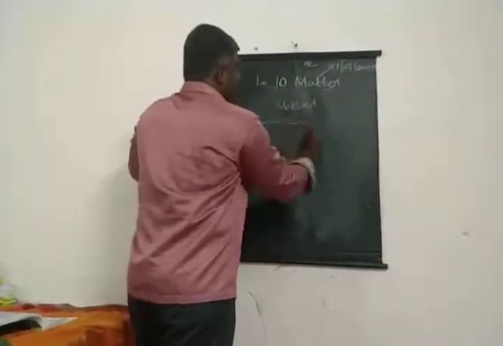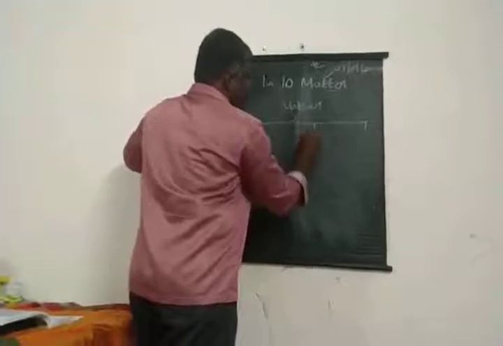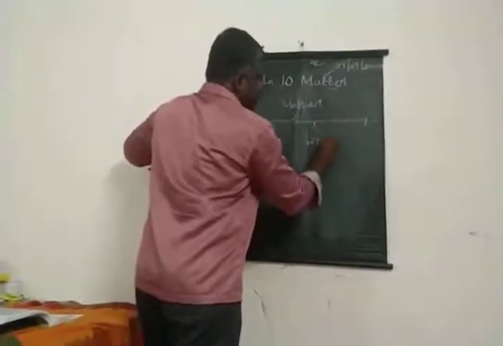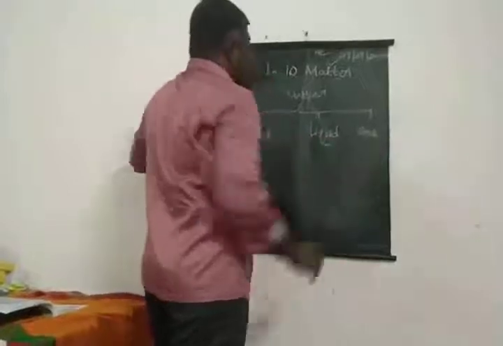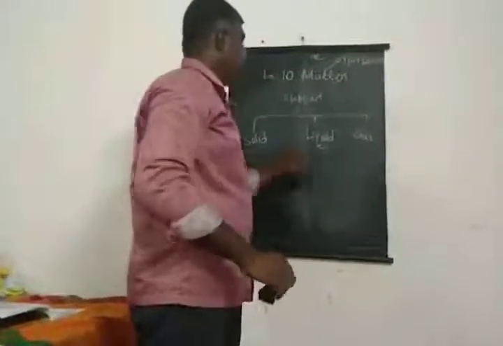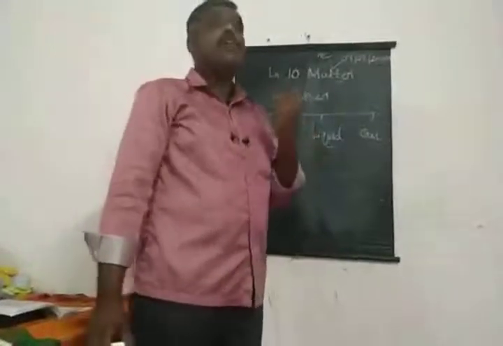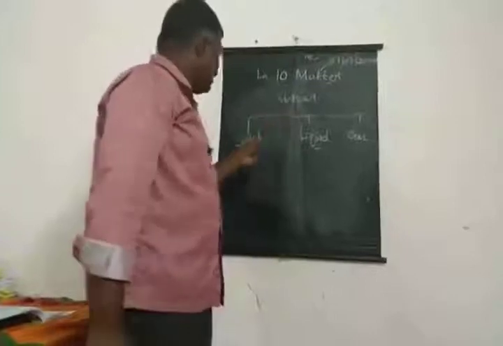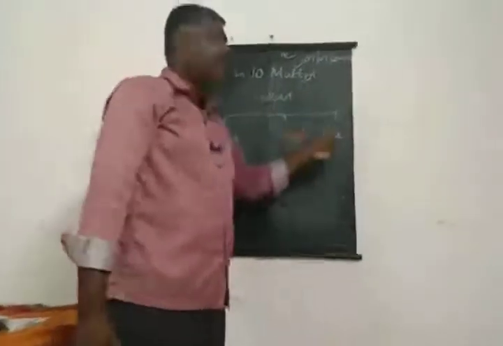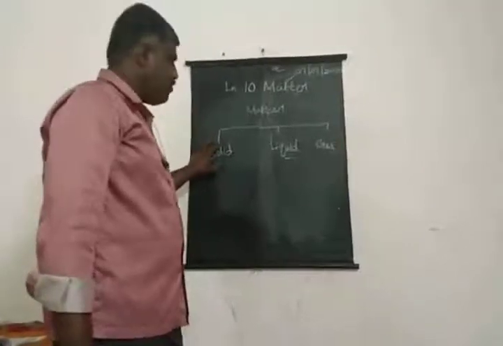How do we classify solid, liquid, and gas? Based on the intermolecular space and the intermolecular force, matter can be classified broadly into three categories: solid, liquid, and gas. In solids the intermolecular spaces are less.